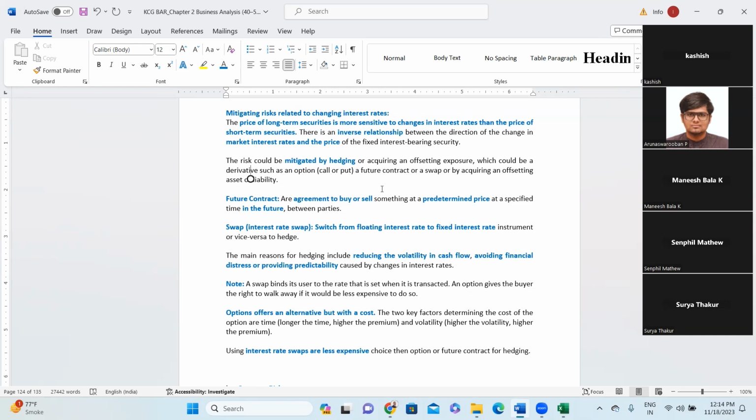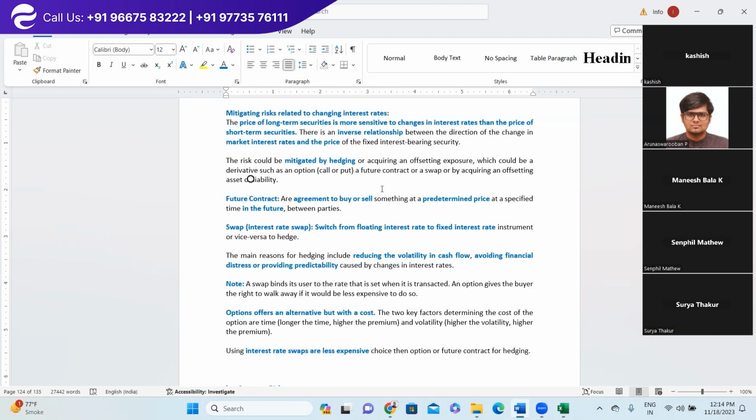That means if you entered into a contract with any party that after 3 months I will deliver this particular product and services to you at this particular price, those are called future contracts, right? An agreement to buy or sell something at a predetermined price at a specified time in future. So those contracts are called future contracts. Make sense?